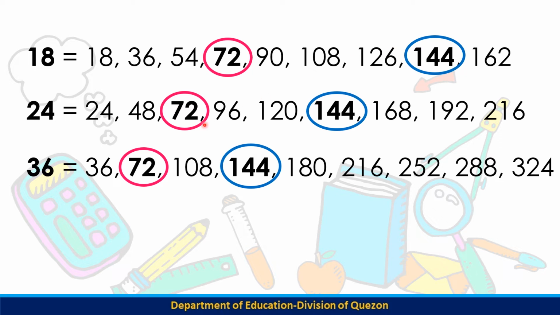Now, the smallest among all of these common multiples is, ano po yung pinakamaliit? Yes, very good. The smallest common multiple is 72. Therefore, 72 is the least common multiple of these numbers.